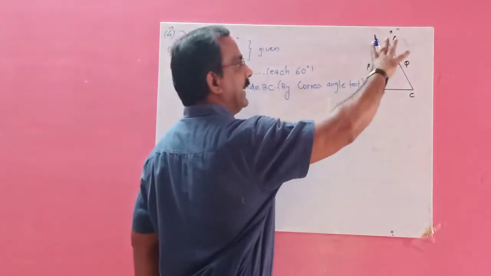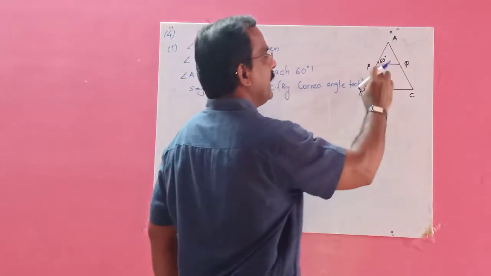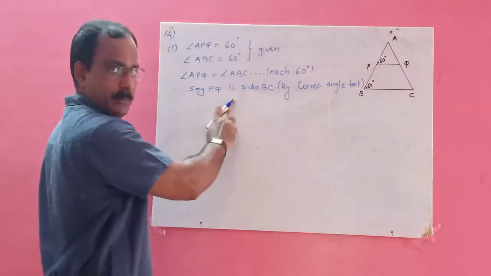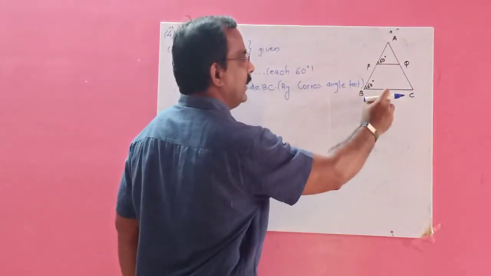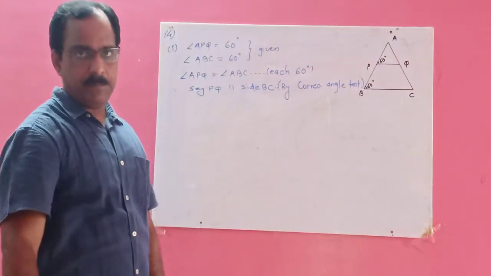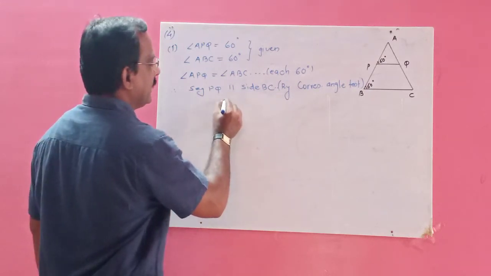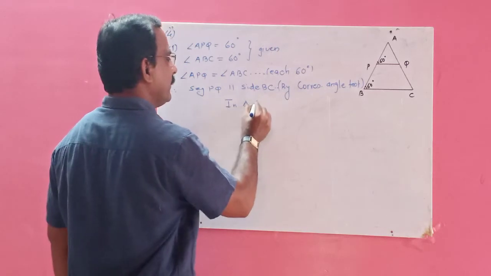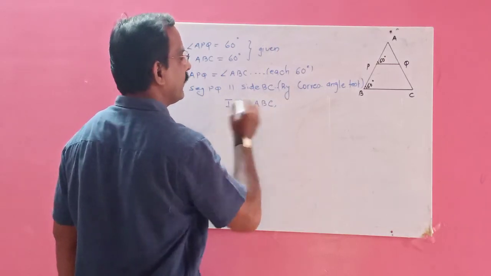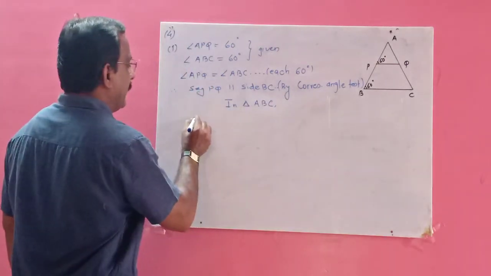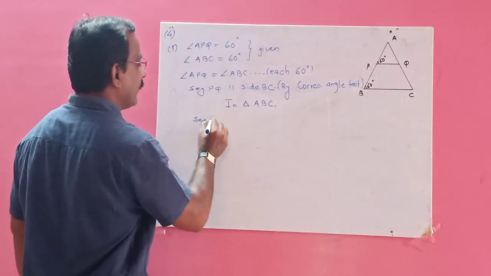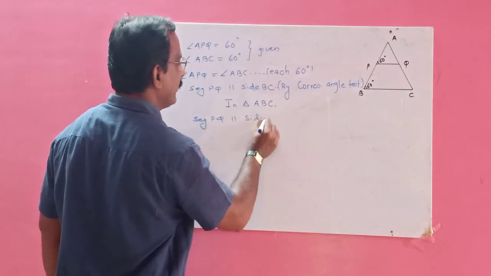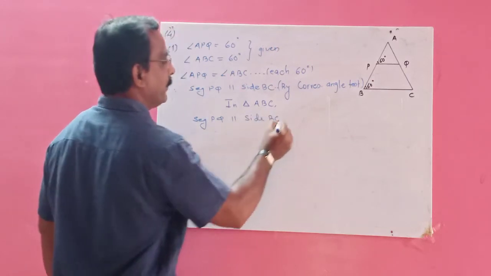Now children, in this triangle ABC, PQ is parallel to BC. Already we have proved it here. If these two are parallel, we can apply the BPT theorem. So write down for that: in triangle ABC, segment PQ is parallel to side BC, proved above.